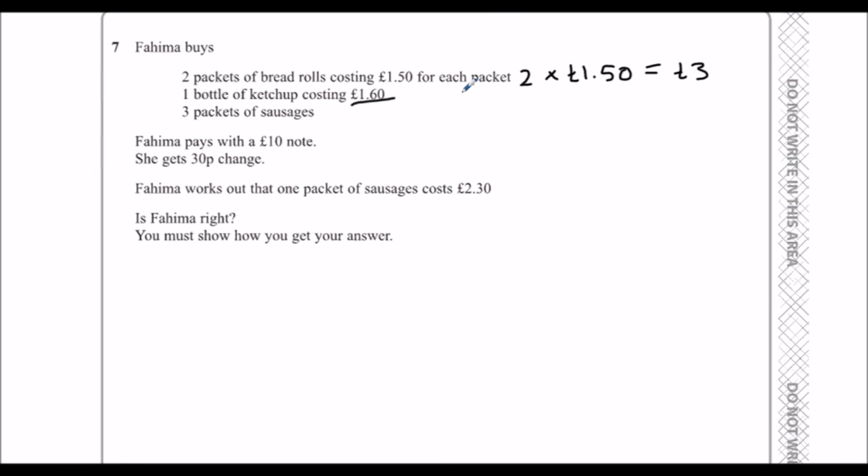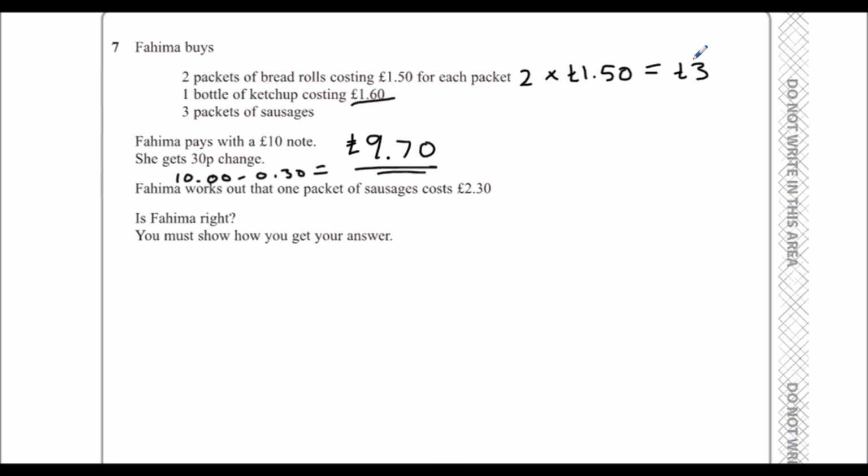Her ketchup is £1.60, and 3 packets of sausages. She pays with a £10 note and gets 30p change. So if we take 30p off of the £10, it costs £9.70 in total. £10 minus 30p.